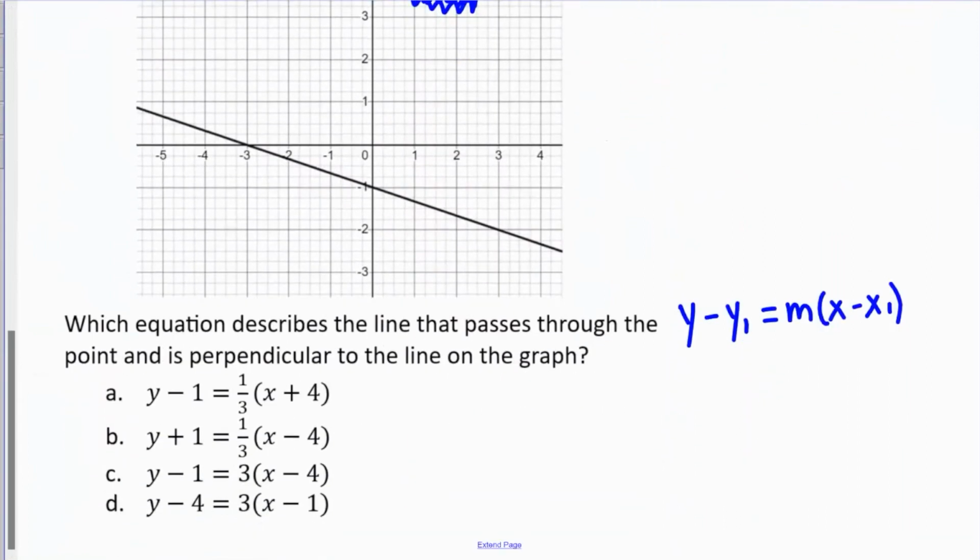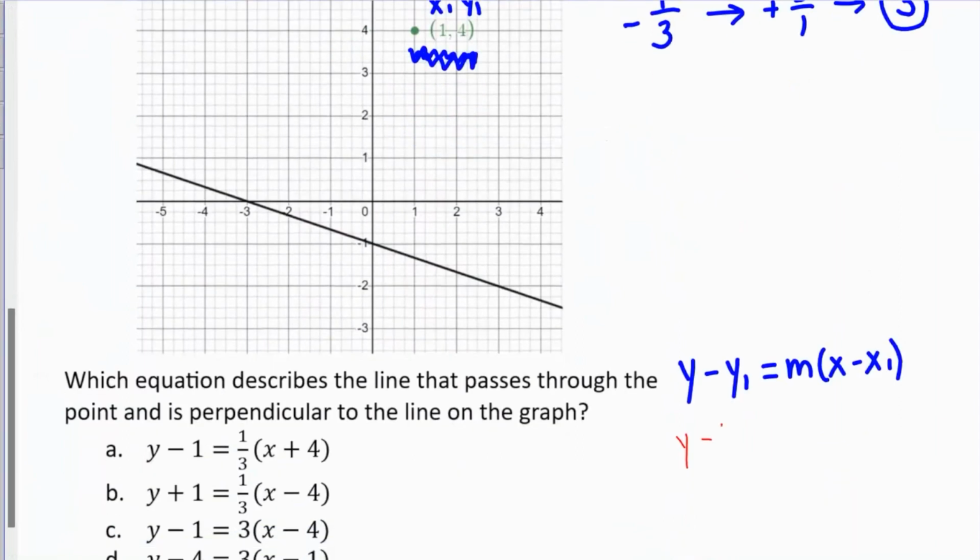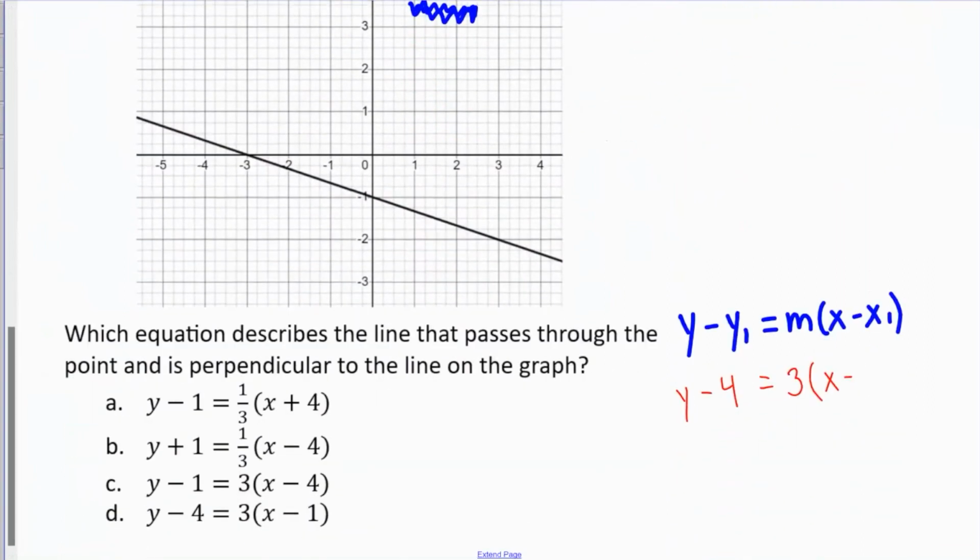So when I plug it in, I'm going to have y minus, I'm going to look for my y, which is 4, equals 3, which is my slope, times (x minus 1). And which answer choice matches? Well, before we even plugged it into our equation, just by looking at the slope, we could have already eliminated A and B. And that leaves me with answer choice D.